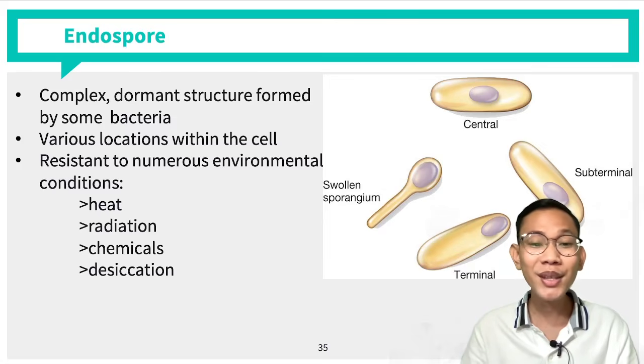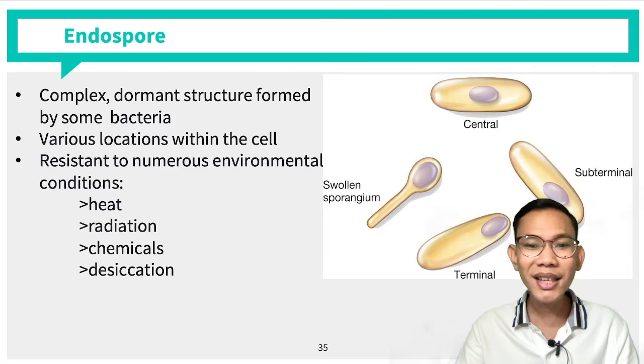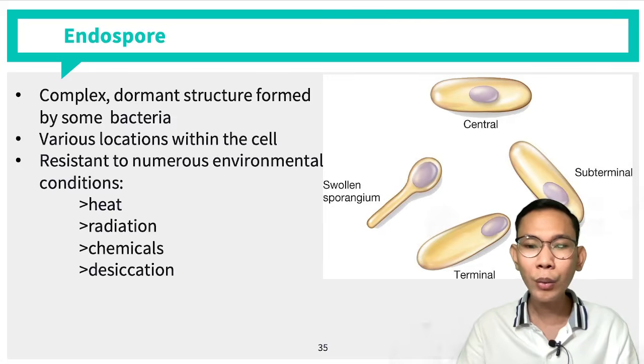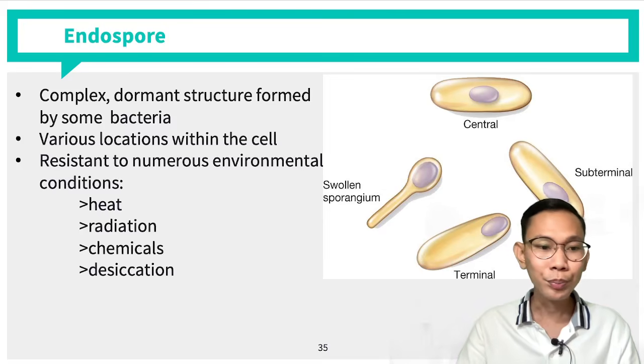It is also resistant to numerous environmental conditions, which makes the cell resistant and pathogenic. Remember, it can resist heat, radiation, chemicals, and desiccation. Your endospores also have a location in your bacteria. Depending, if it is in the center part, of course, that will be your central. We have your subterminal, we have your terminal, and we have your swollen sporangium.